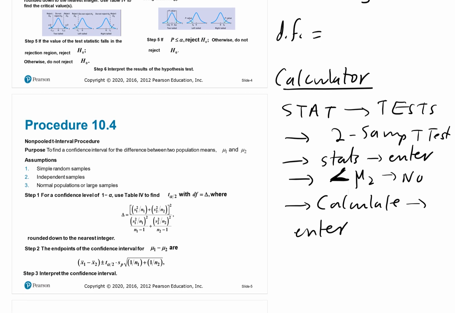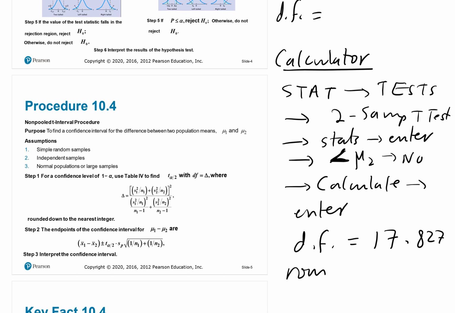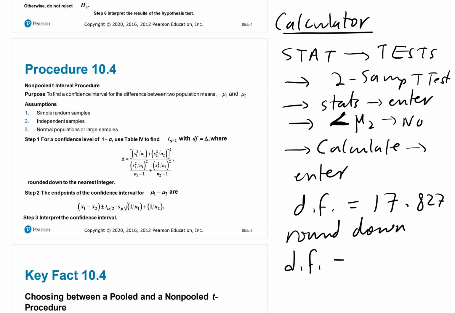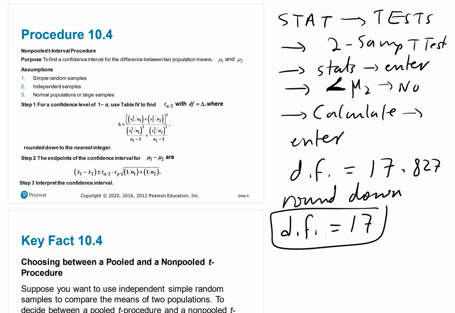It will give you the degrees of freedom. Degrees of freedom is 17. Well, it says 17.827 something. We always round down to the next integer, and in mathematics that's called the floor function. So we round down to the lowest integer, which is 17. Okay, so we got this one.